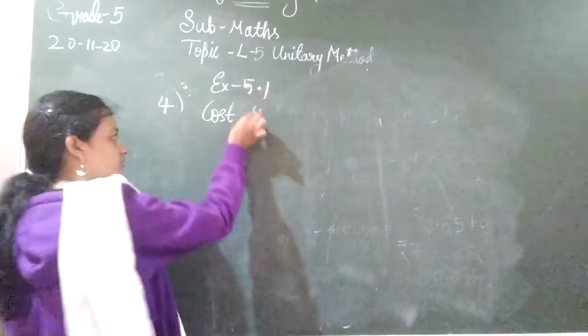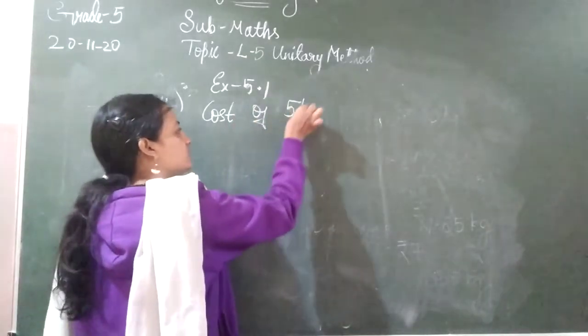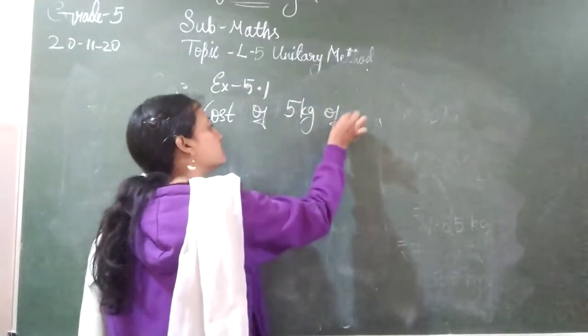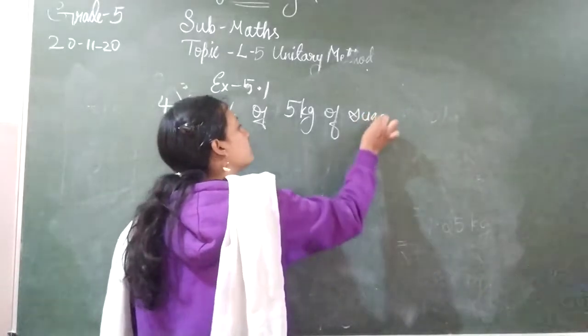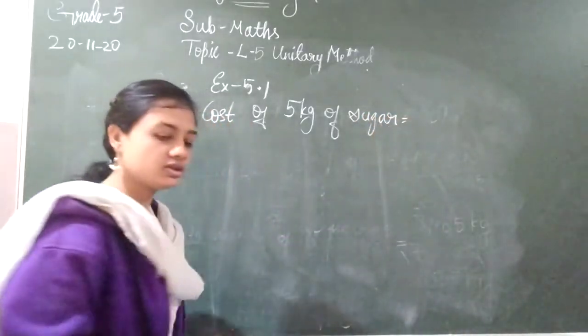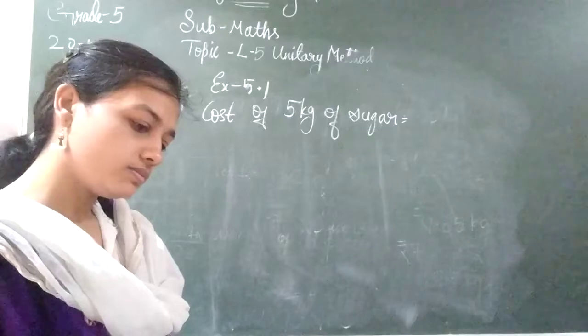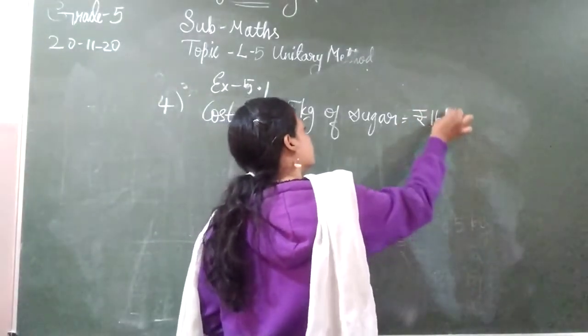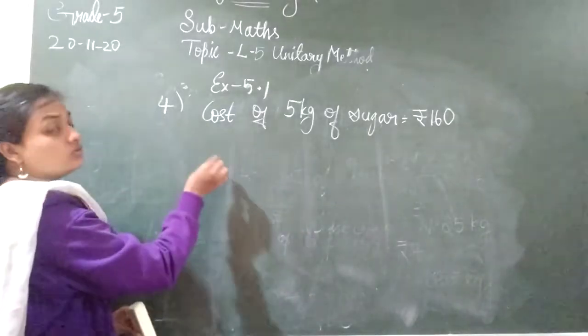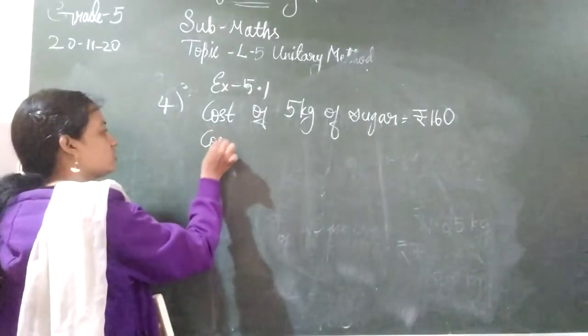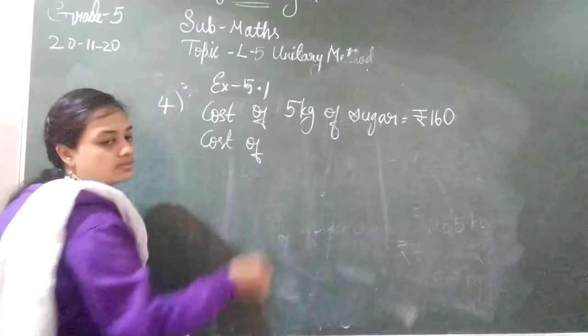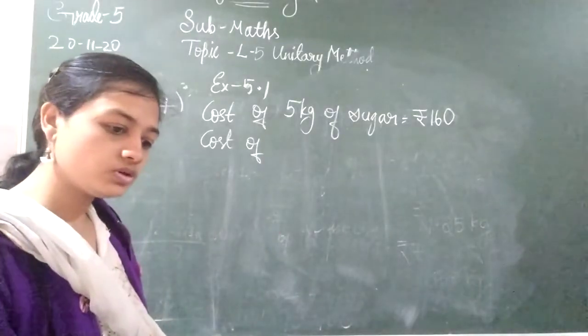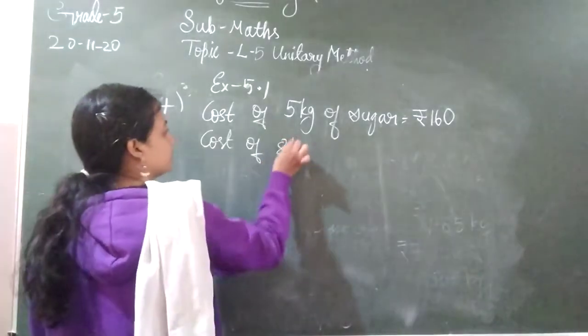So the cost of 5 kg of sugar, they have already given this. What is the cost? It is 160 rupees. Now what should we find? We should find the cost of 8 kgs of sugar.